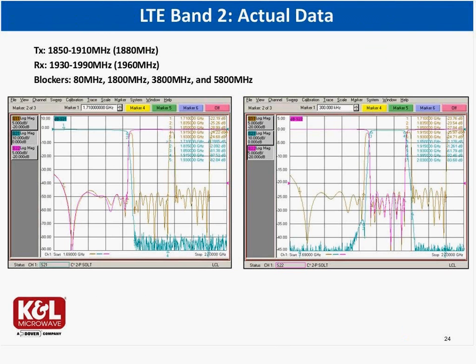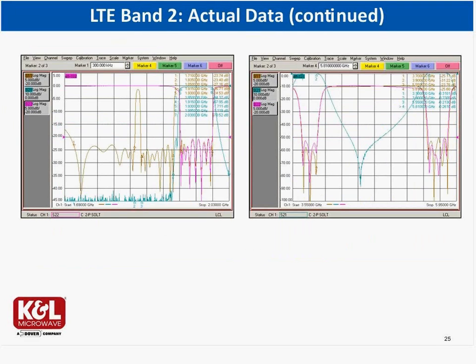Test data are also available on the internet. All the matching is of quality of 20 dB return loss. We have 75 dB rejection between the band passes and the band reject filters. These are actual data of 2 band pass blockers that are connected to the low-pass filter.